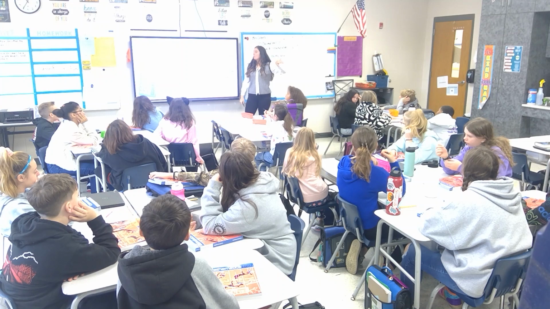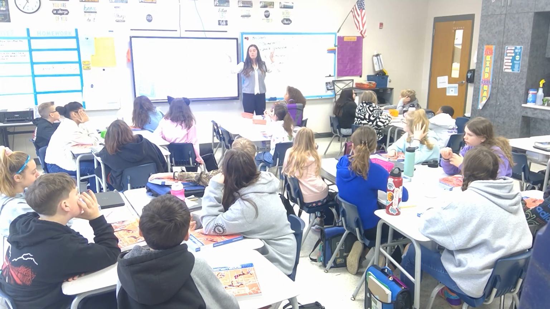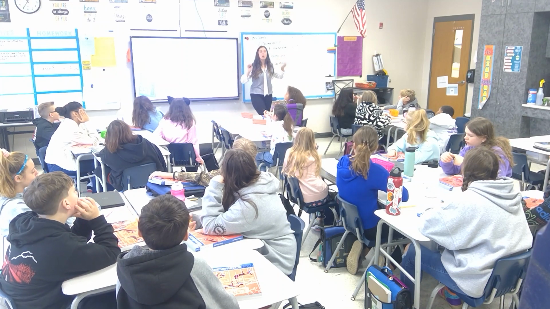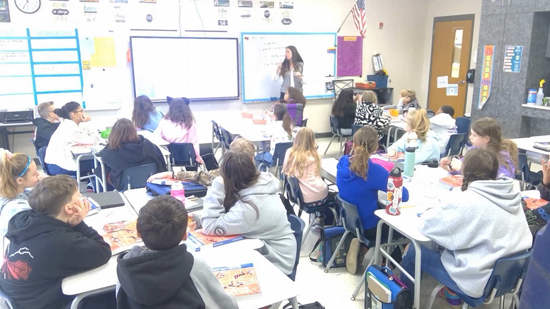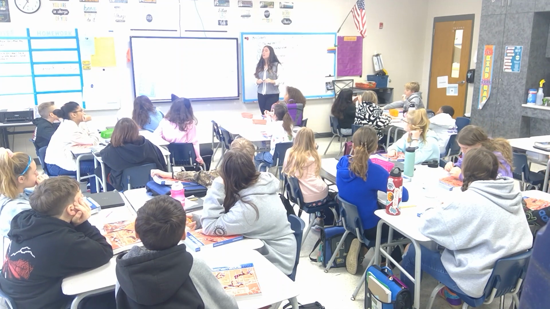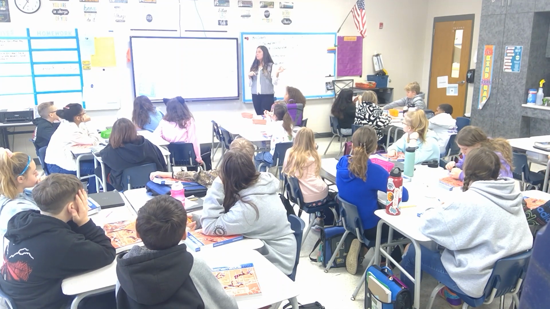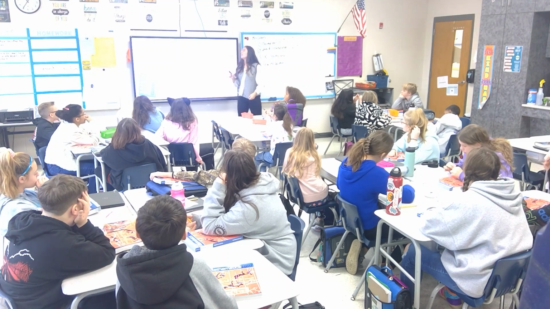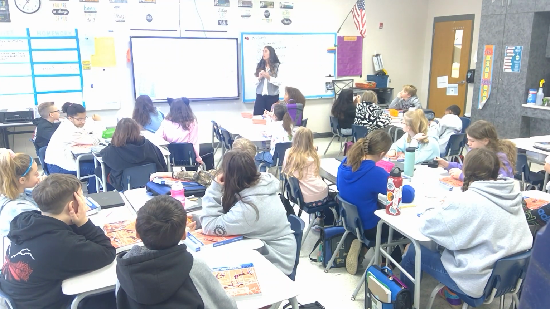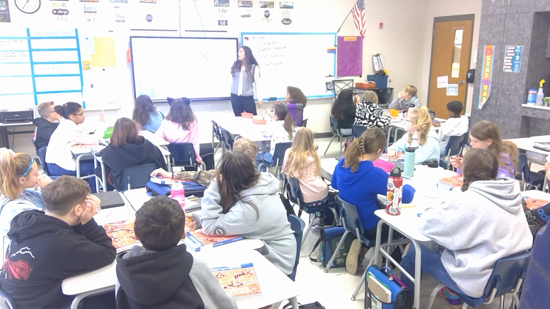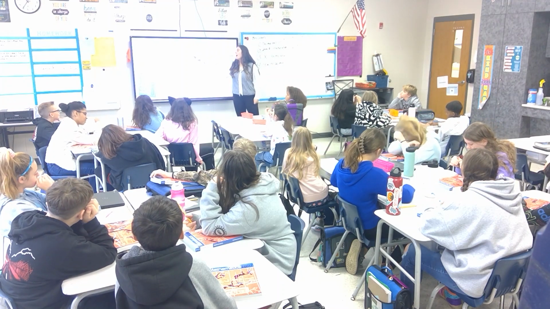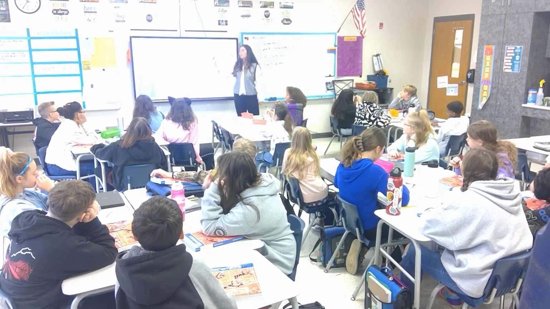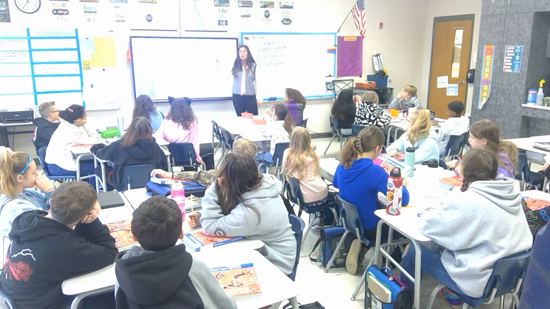Each layer has 8 blocks. You're going to write an addition and multiplication equation to show the total number of blocks. So you can draw this out if you don't remember how to do this, but we did this previously. I don't know when you did it, but I know you've done it.